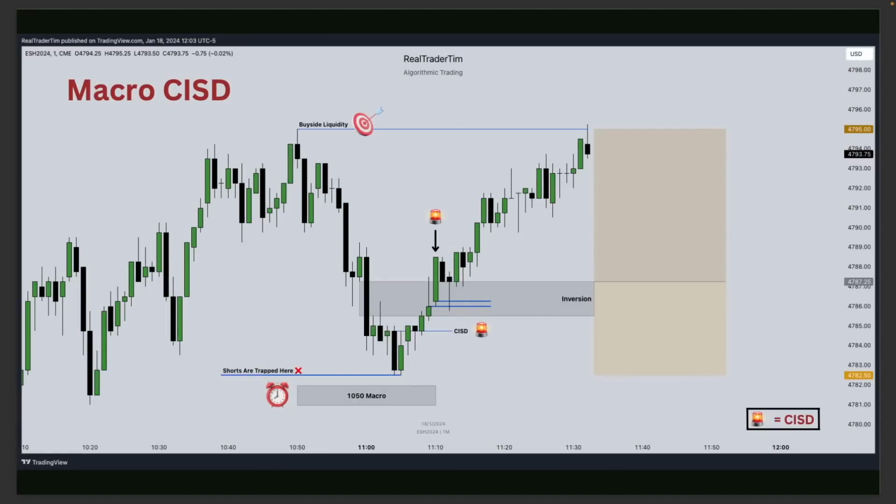So let's start with macro change in the state of delivery. Looking at this chart, the first emphasis is on time. What time of day is it? 1050 macro. And what occurs once we are in this 1050 macro? We have a change in the state of delivery. That occurs right here once we get over this down close candle.